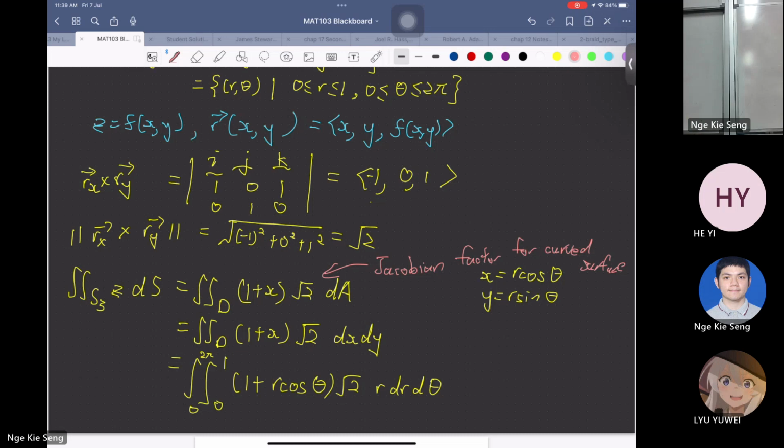So for the next one, why do we have a Jacobian factor? That one is just counting the change of coordinates. You change from xy coordinates to polar coordinates. That's a Jacobian factor. This is what we learned in the multiple integral chapter. So the first one is a curved surface to a flat domain.